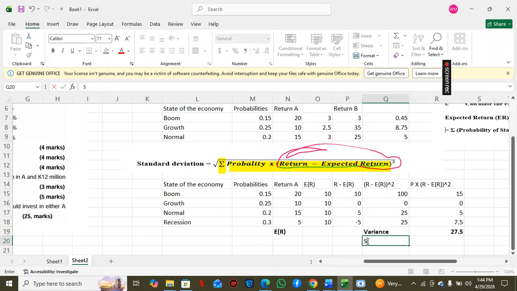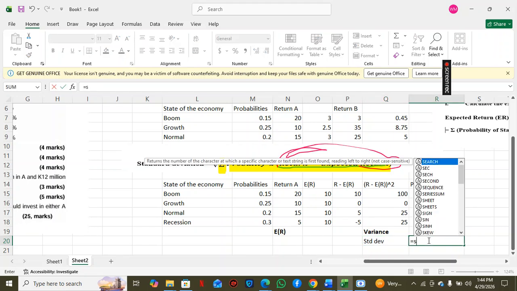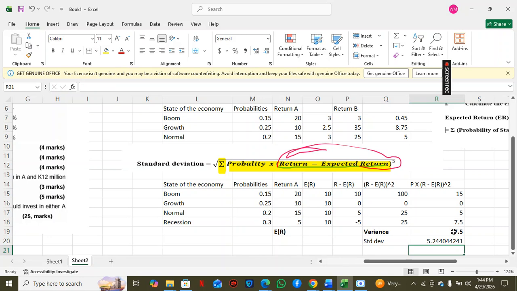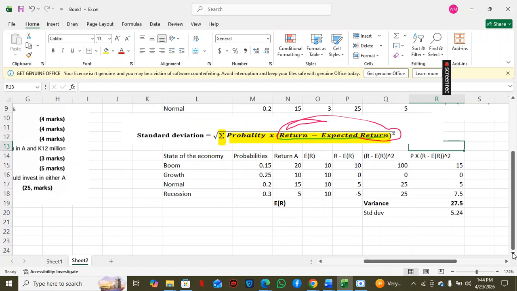So the standard deviation, get the square root of 27.5, which gives us 5.24%. Any questions?